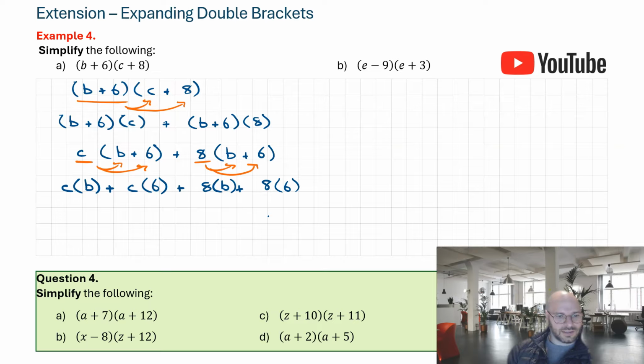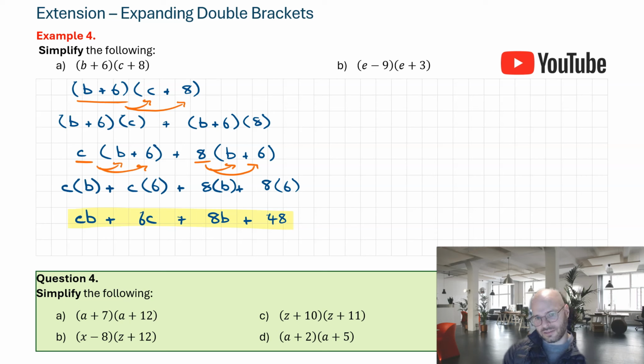Alright, multiplying these out, c times b is just cb, c times 6 is 6c, 8 times b is 8b, and 48. And now, because I can't do anything with this expression, I leave it at that. CB plus 6C plus 8B plus 48.